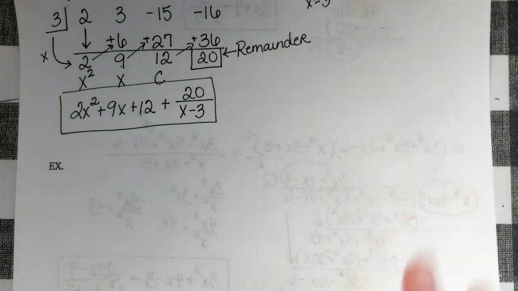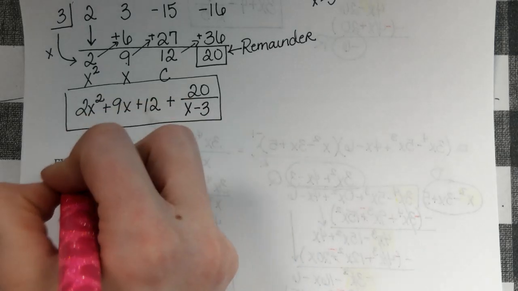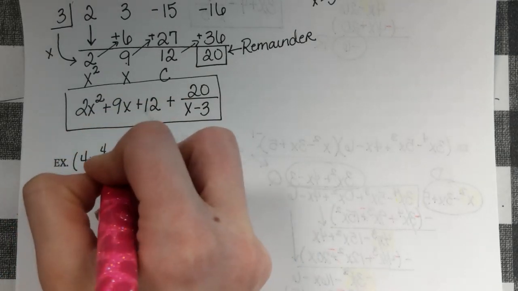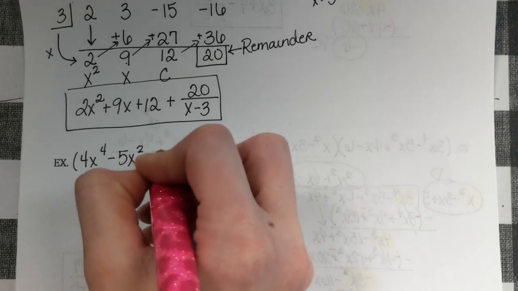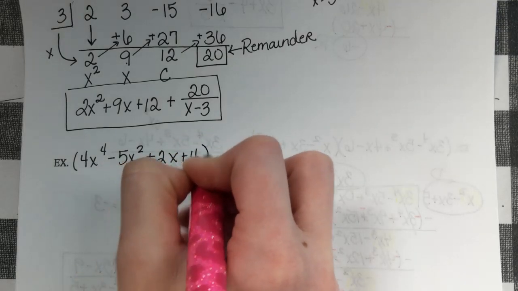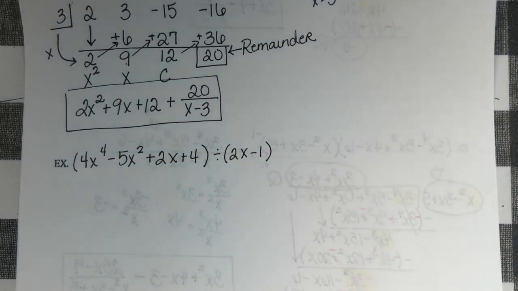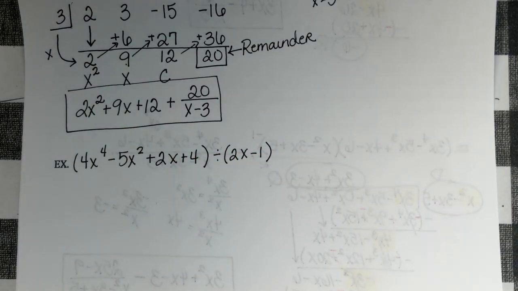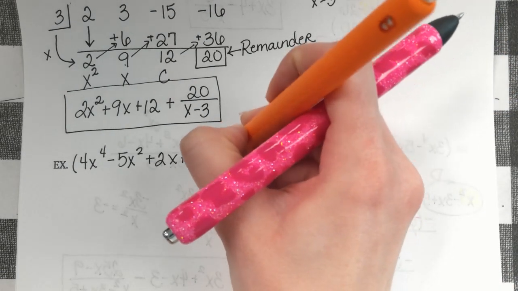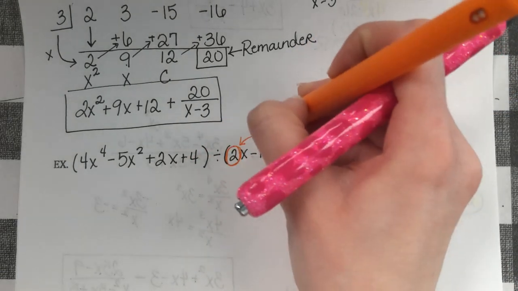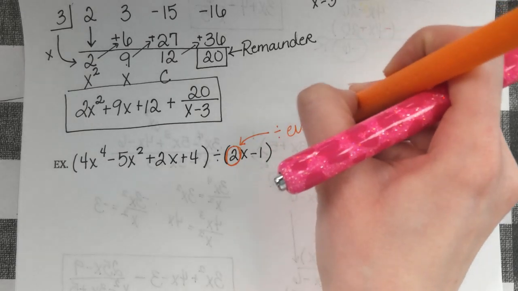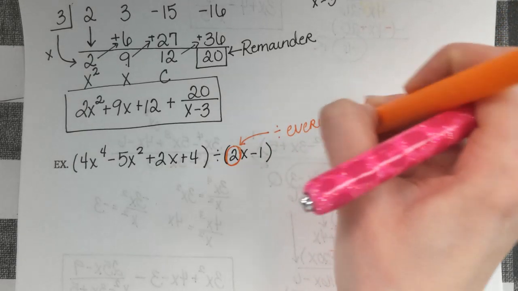We're okay? So our next example, I have 4x to the 4th minus 5x squared plus 2x plus 4, and that's being divided by 2x minus 1. Okay? Because I am dividing by a linear factor that has a coefficient greater than 1, I have to divide everything by that coefficient.